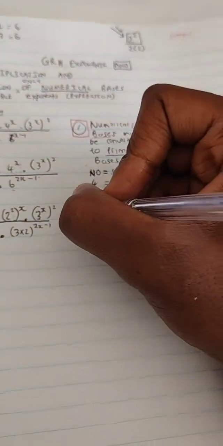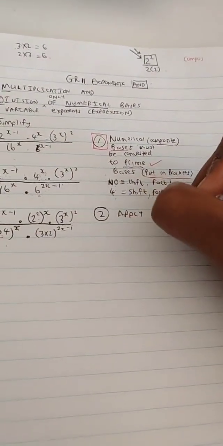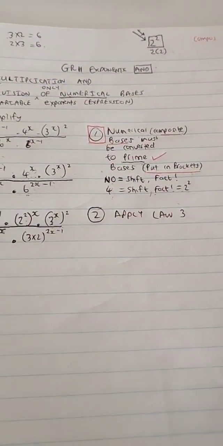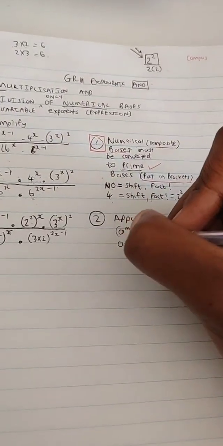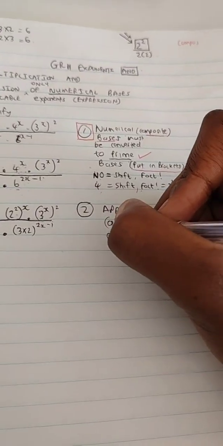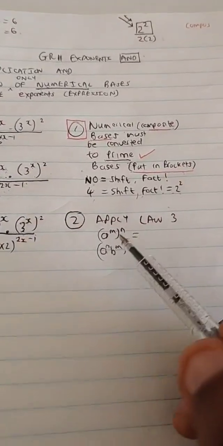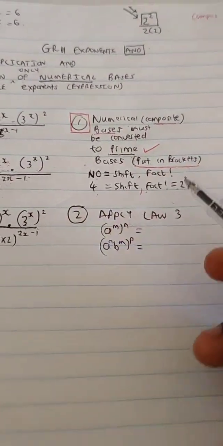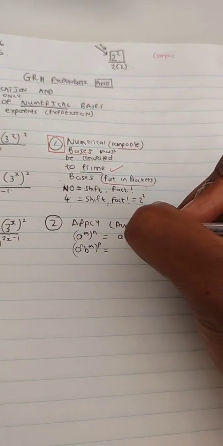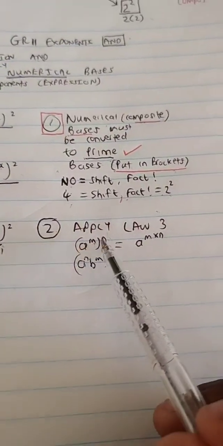Step number 2, we apply law 3 of exponents. You will remember that law 3 of exponents says when a base is raised to an exponent and it's multiplied with another, we simply multiply the given exponents m times n.